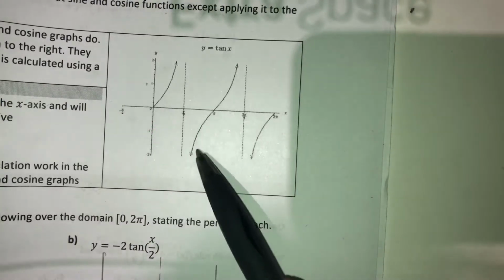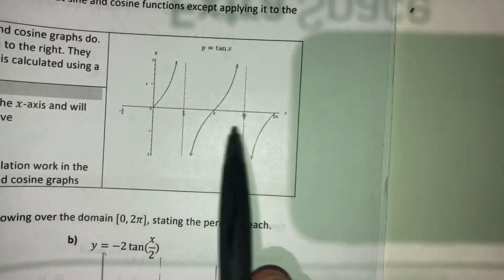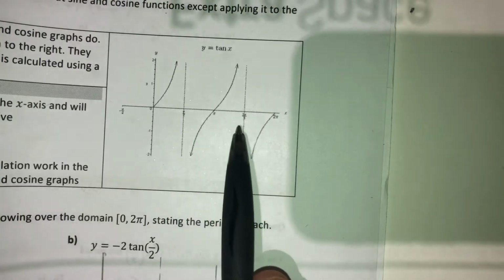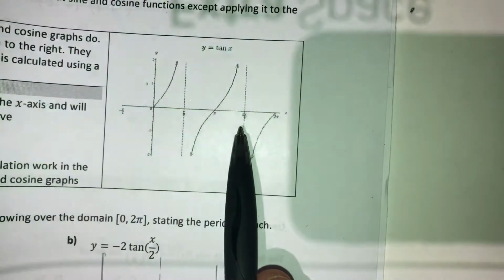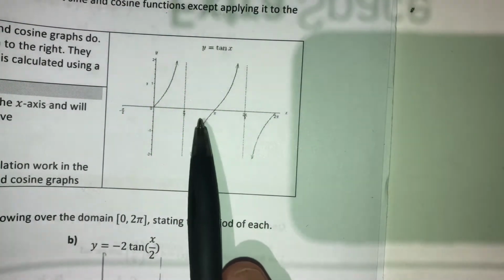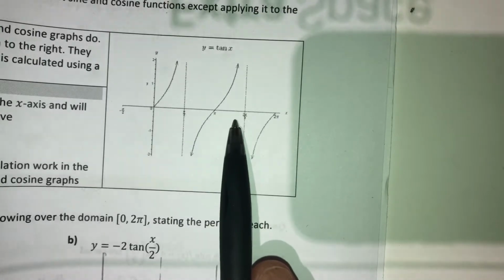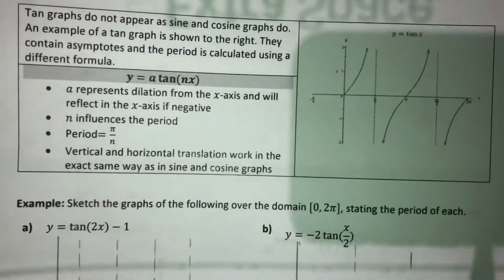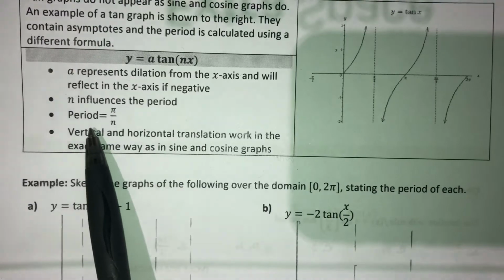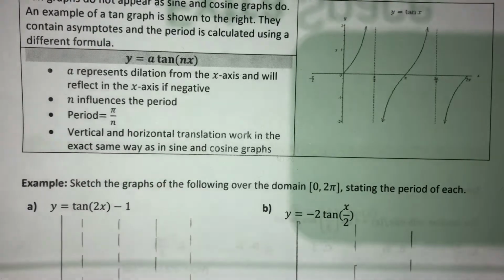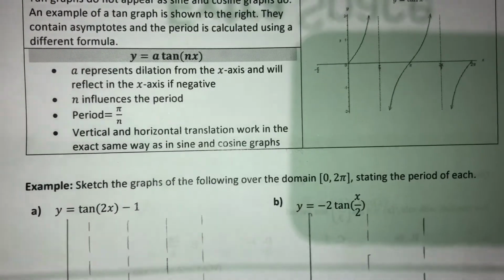So you can see here's the tan function, and it goes between pi on 2 and 3 pi on 2, which is a period of just pi instead of 2 pi. So that is why when we work out what the period is, we're going to do pi on n this time and not 2 pi on n.